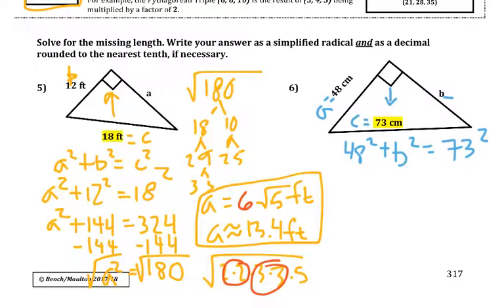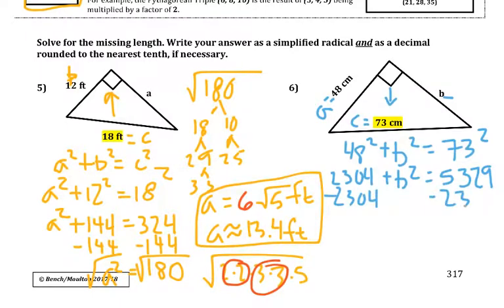48 squared ends up being 2,304. And then we have plus b squared, which is equal to 73 squared, which is 5,329. Then we're going to subtract the 2,304 from both sides of our equation, which results in b squared being equal to 3,025.